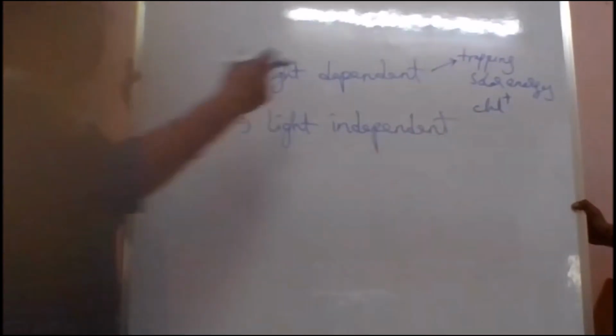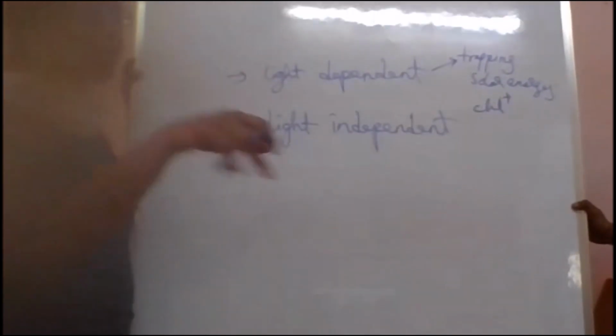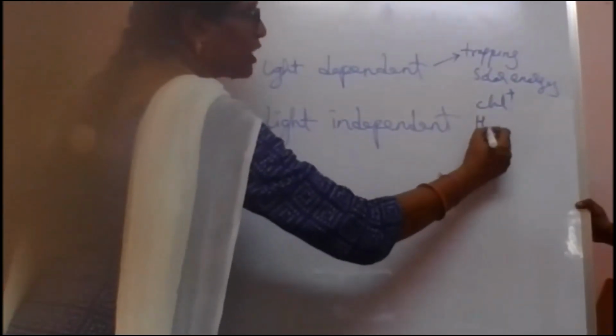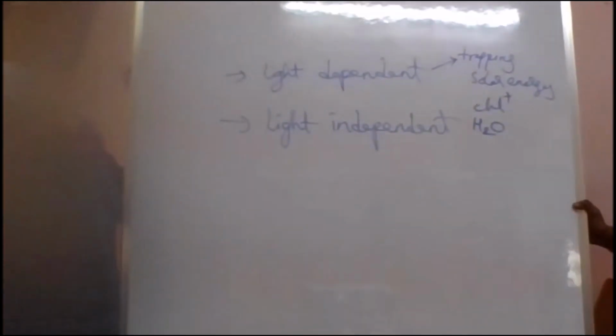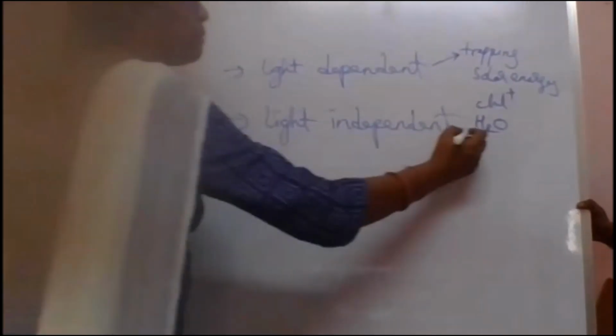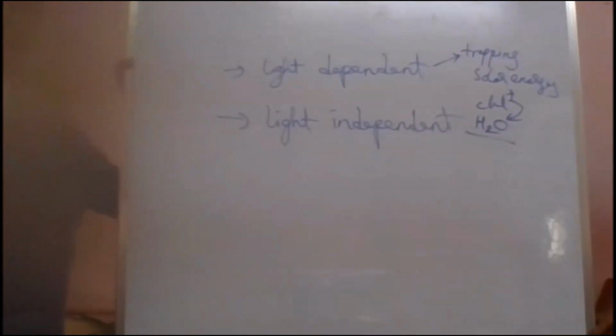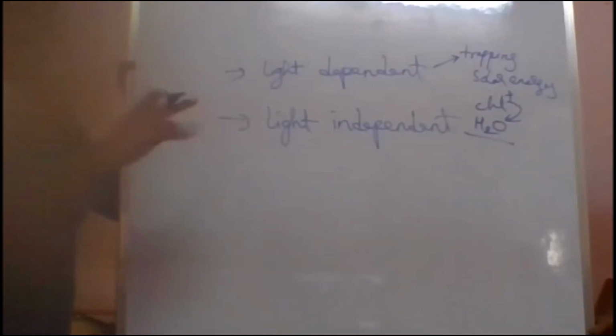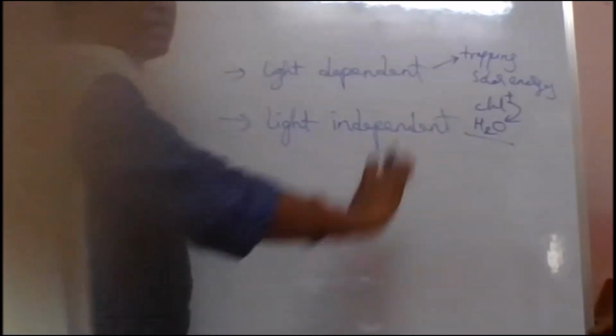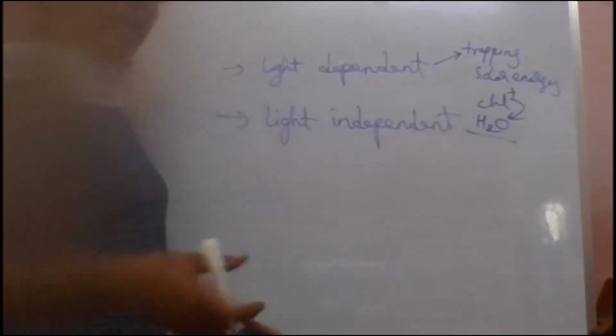So in that case, now it has to create electrons. For that purpose, the water molecule will be split by this light activated chlorophyll. Which one will be split? The water molecule will be split, which we call photolysis of water.